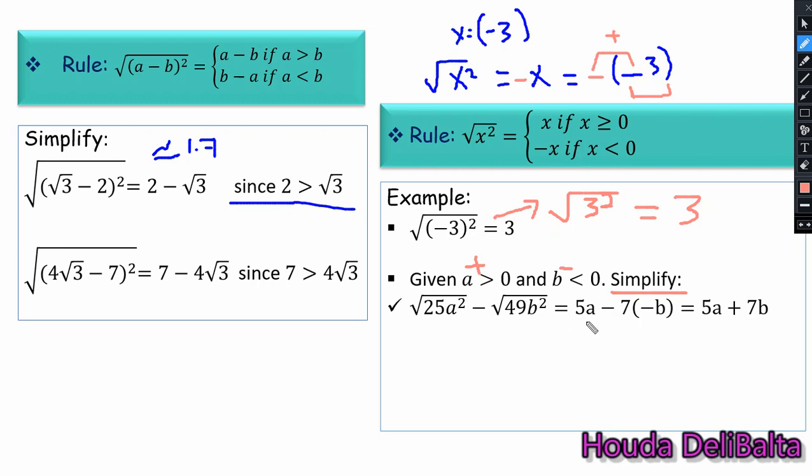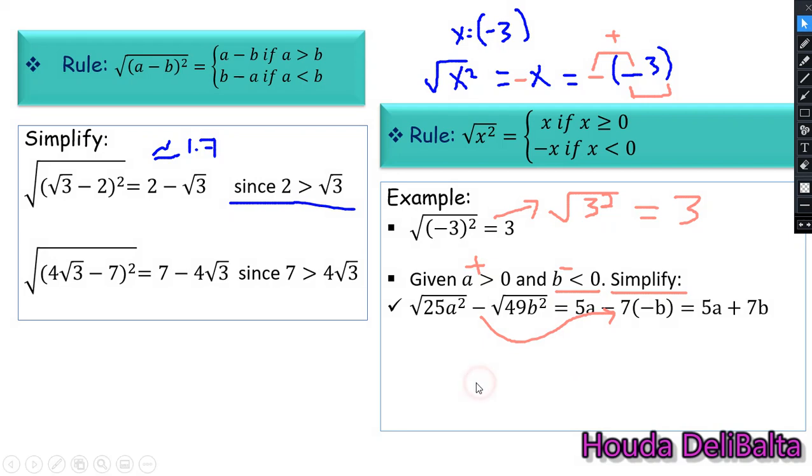So we have 5a, while the minus is kept, as you see. Radical of 49 is 7, while radical b squared is going to be minus b. Why? Because b is negative, then to carry out radical b squared, I have to put it as minus b. Applying this rule here, and thus the answer is 5a plus 7b.